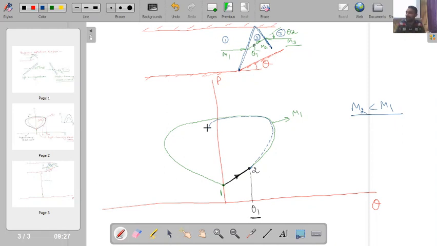Now let's see what will happen. So now I am drawing the entire one. Is this clear? So this is for the entire M2, which is less than M1. The vertex of this pressure deflection diagram has actually shifted.